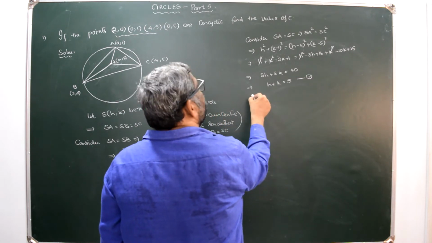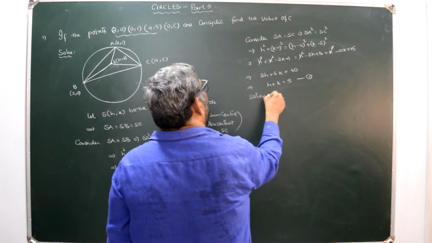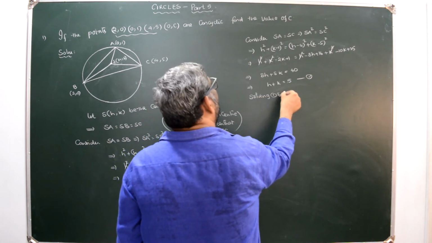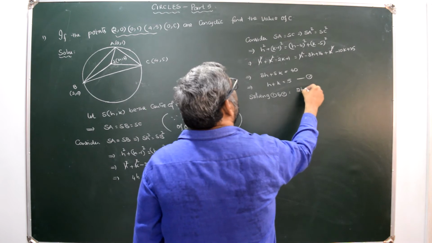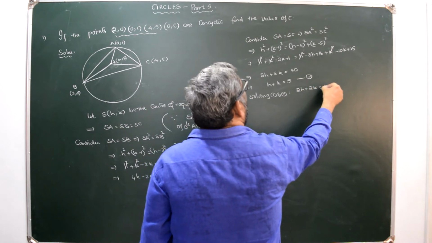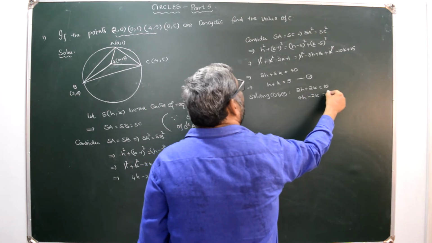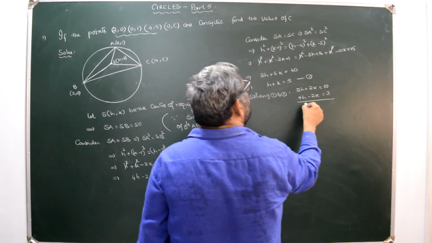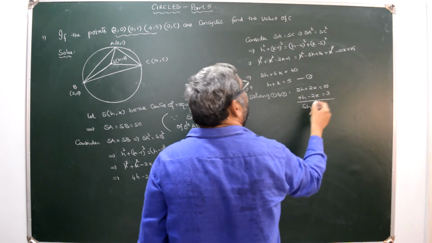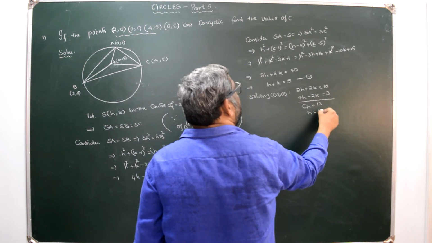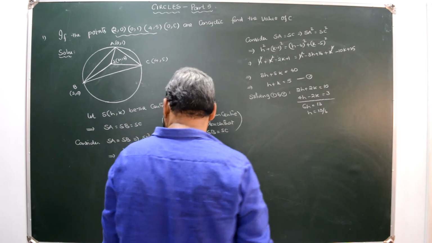Solving 1 and 2. 2H plus 2K is equal to 10, and 4H minus 2K is equal to 3. Adding, 6H is equal to 13, so H is equal to 13 by 6.